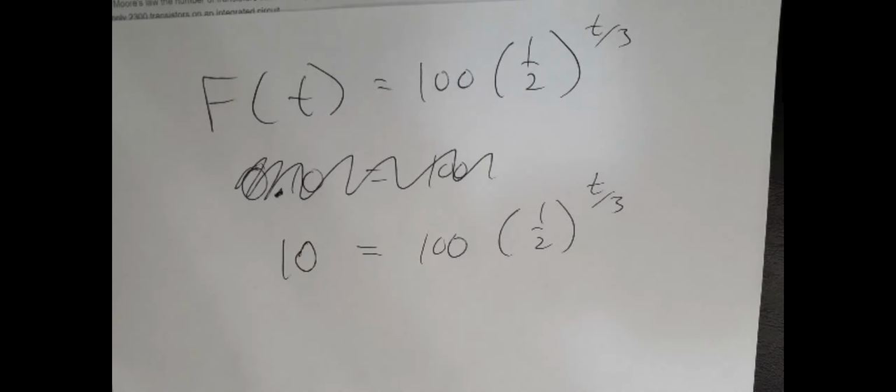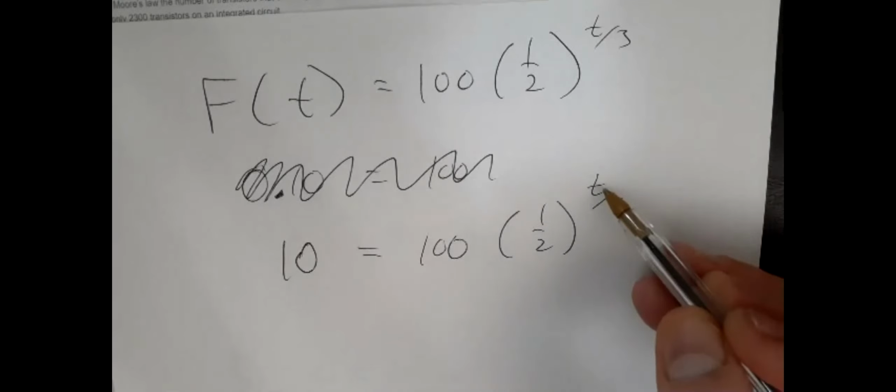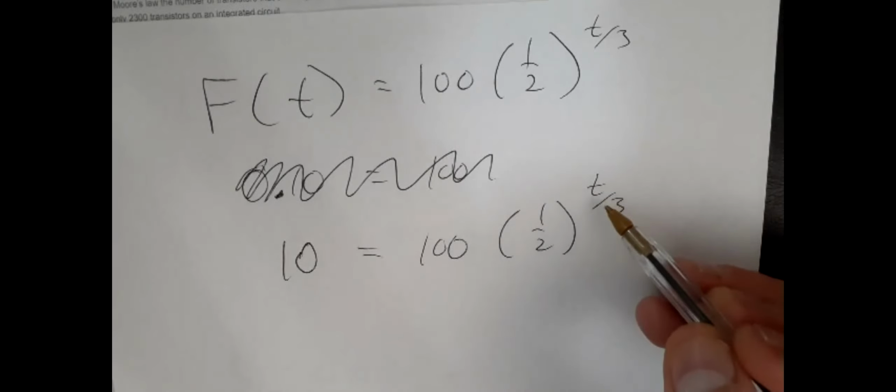So we want to solve this. What are we getting by itself? The weird thing here, it looks like we have an exponential. So what is the exponential I want to get by itself? This T is an exponent being divided by 3.